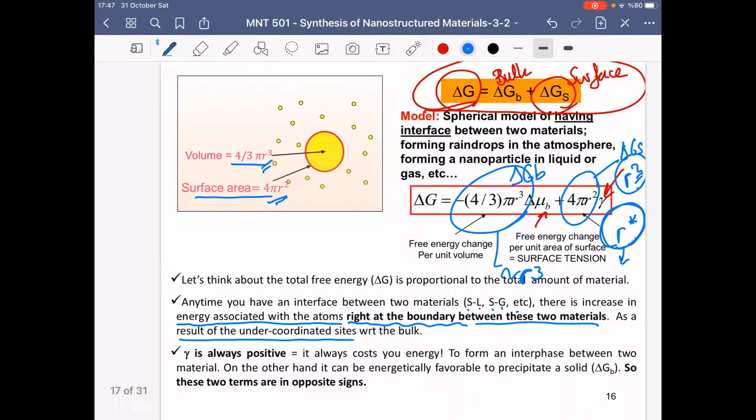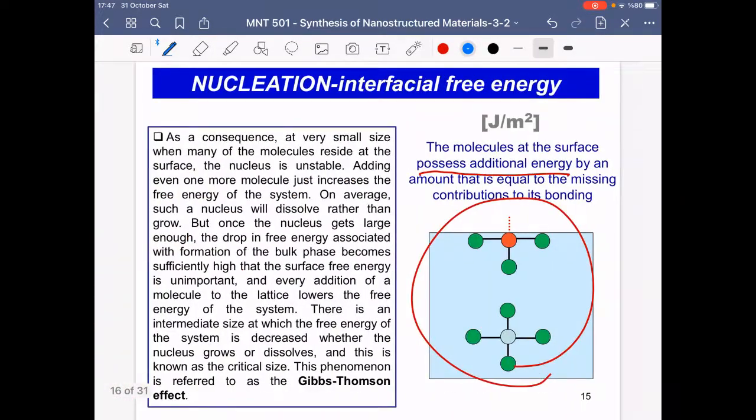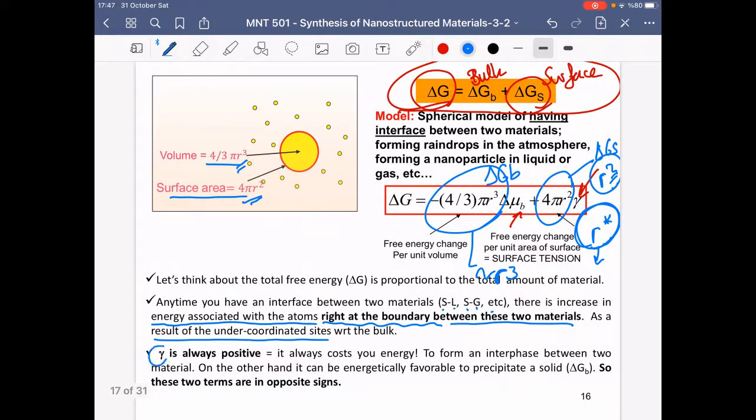And we had learned that in this slide here, okay? And so this is always positive. Do we like positive? No, because things like to happen spontaneously, okay? We have to find a way to lower its energy. This always wants energy. You always have to blow into this balloon to form that nanoparticle. It always costs you energy to form an interface between two materials.